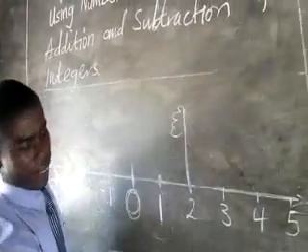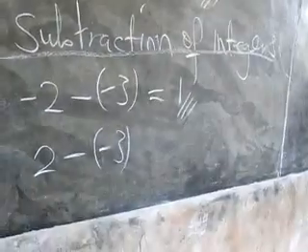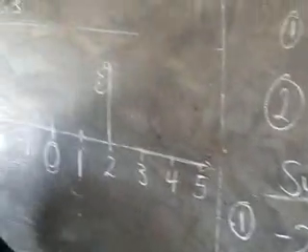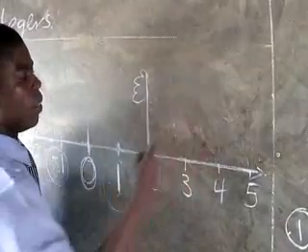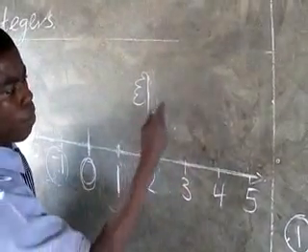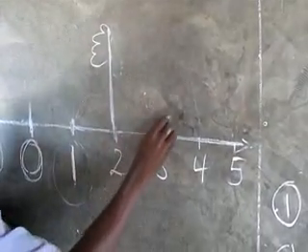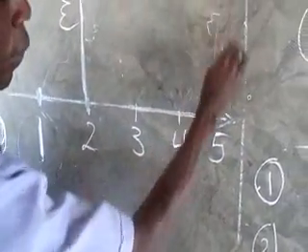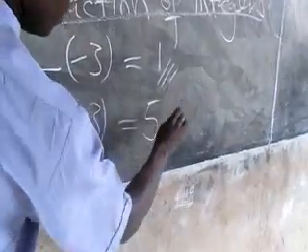Now the next number is negative 3. So negative 3 moving backwards 3 steps. Now the person is looking at this. This is the back of the person. So the person has to move backwards 3 steps. So let us count 1, 2, 3. So the answer is positive 5.